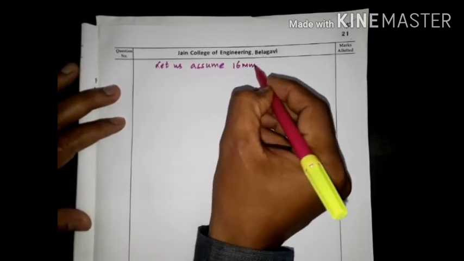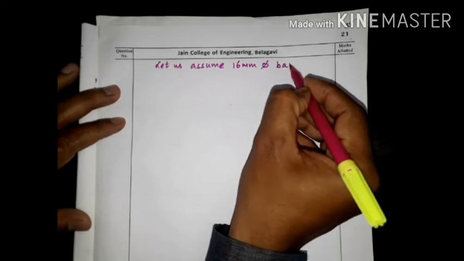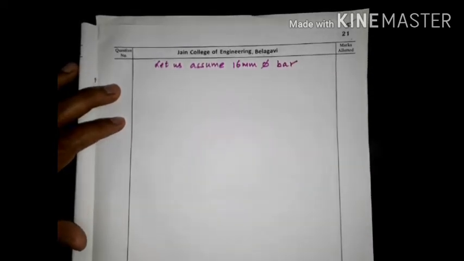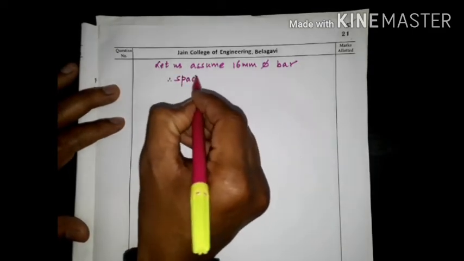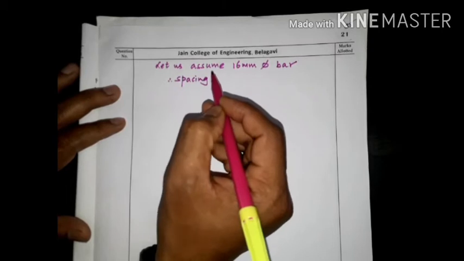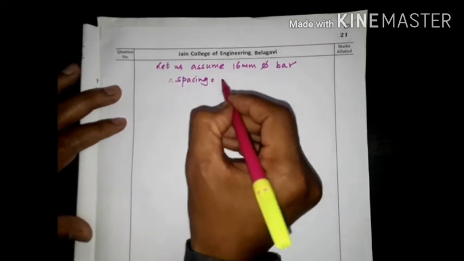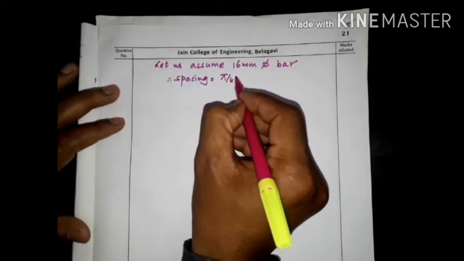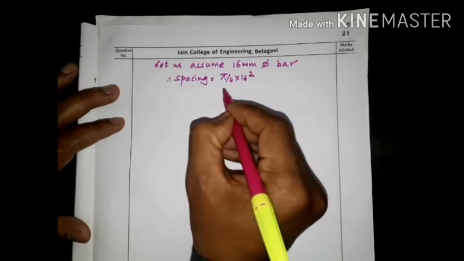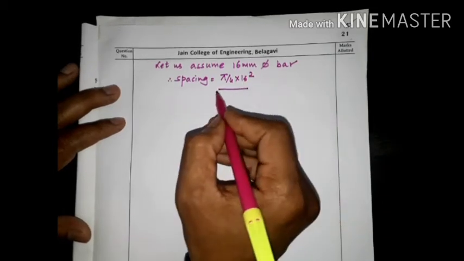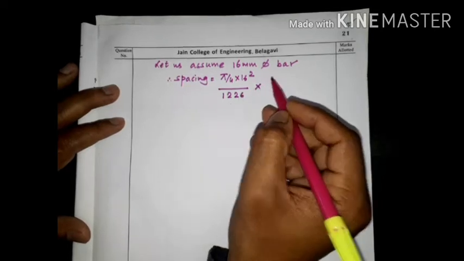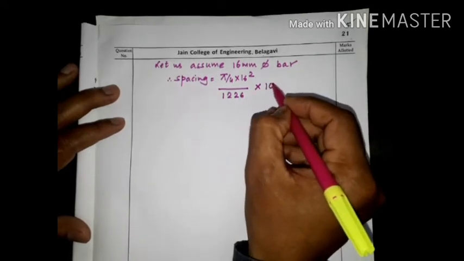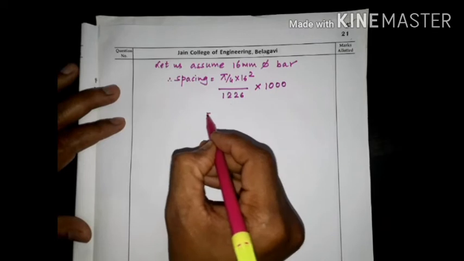Therefore, spacing is equal to the area of 16 mm dia bar, that is pi by 4 into 16 square divided by AST 1226 into B. So B is 1000 here.